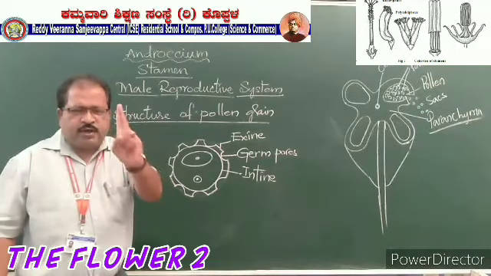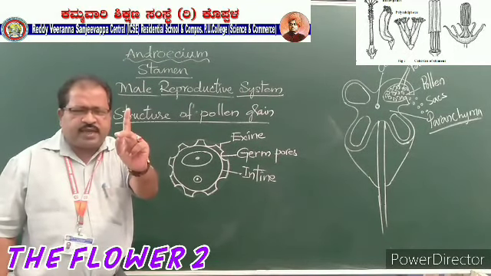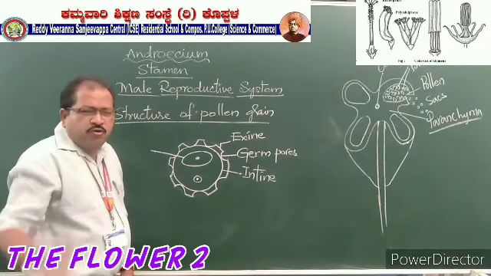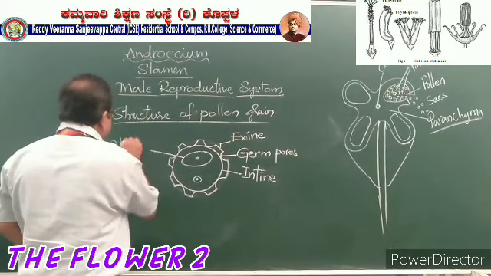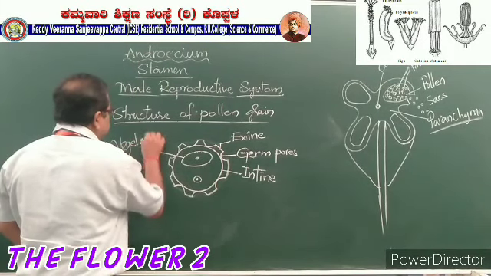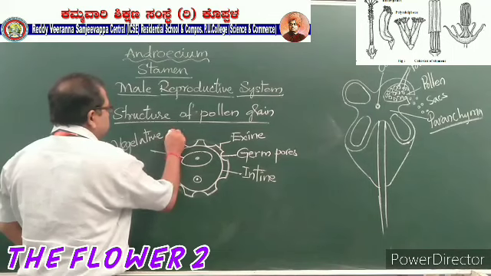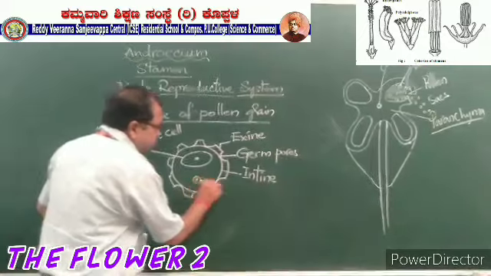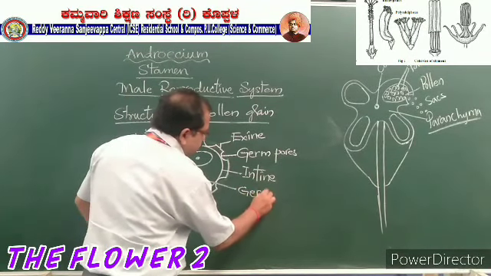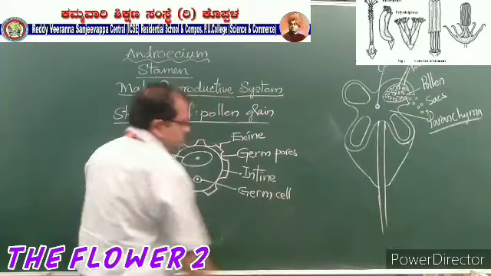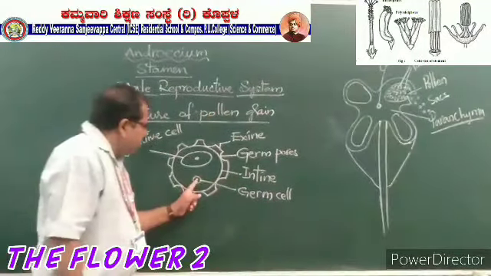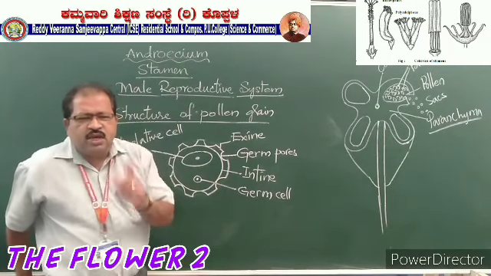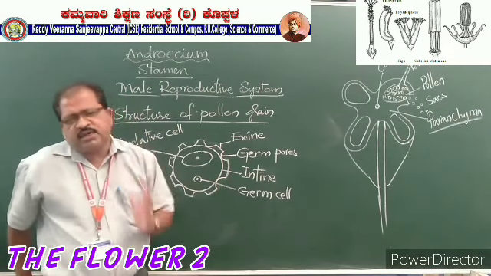The large cell is called the vegetative cell, and the small one is called the germ cell. The small one contains the nucleus called the male nucleus. That is the germ cell.